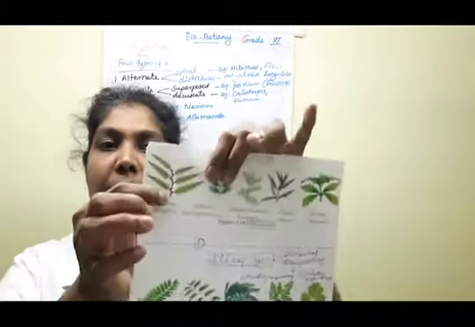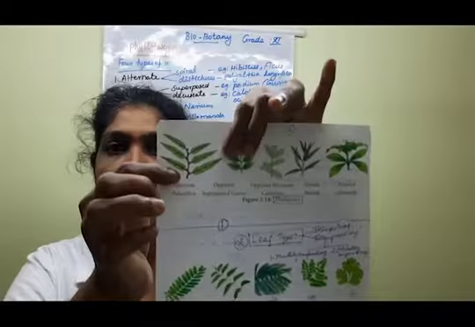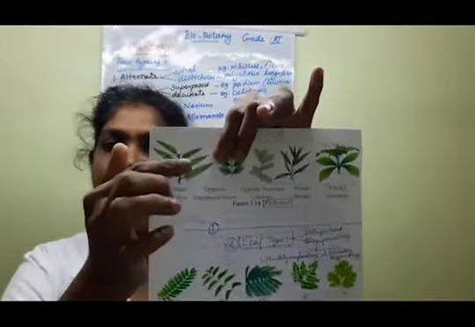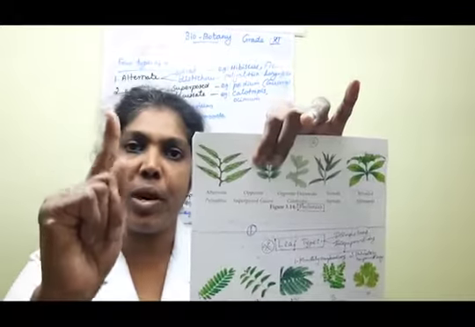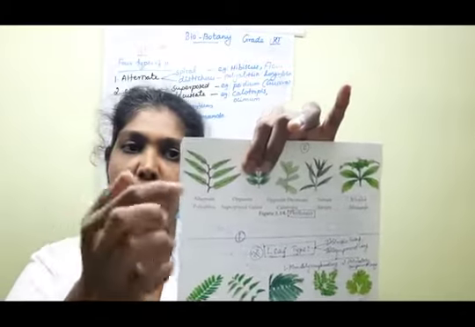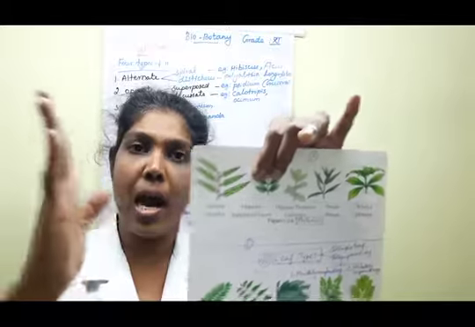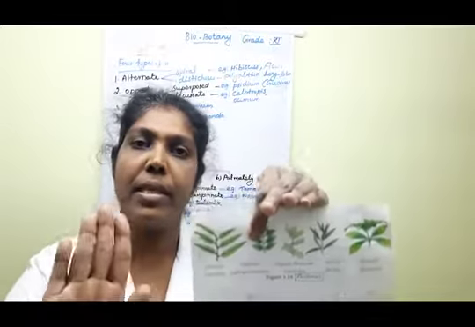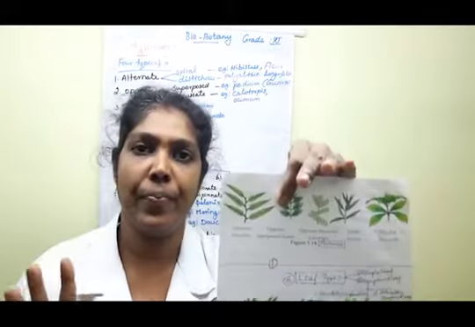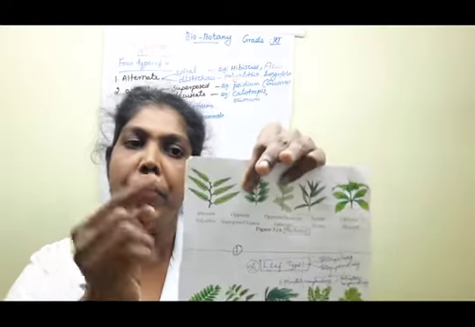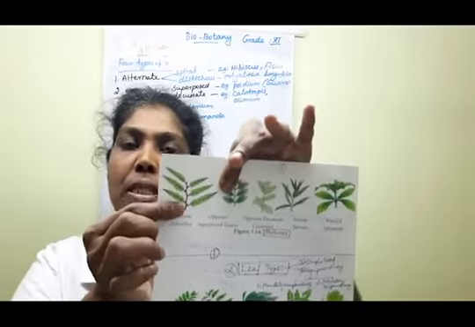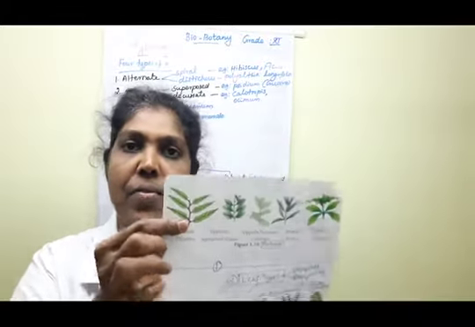See, this is the arrangement in this photo. Each nodal region has only one leaf arising, alternately, but in the same direction only. Clear, children? One good example of this species is Polyalthea. First, that phyllotaxy type is over.